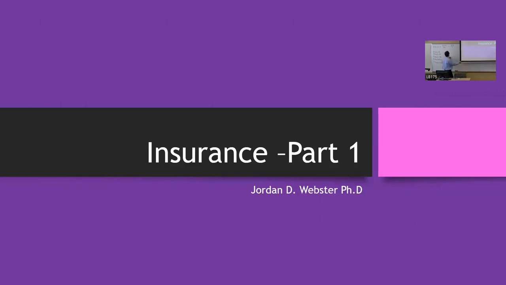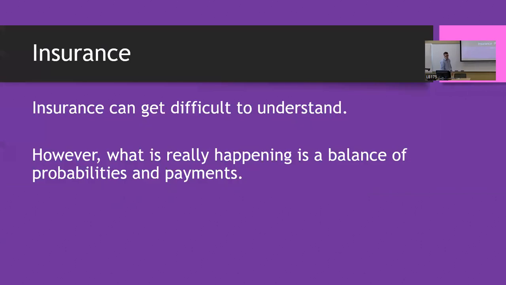So we calculated a lot of different probabilities. And now we're going to see how those probabilities can be applied in insurance examples. A lot of people think insurance is really difficult to understand.